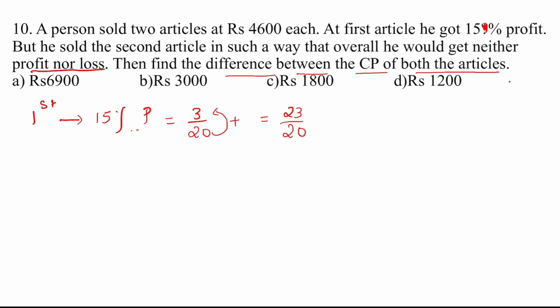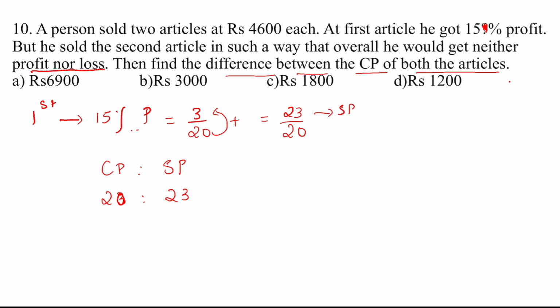But he sold the second article in such a way that he got overall neither profit nor loss. Now cost price to selling price, for the first article the ratio is 20 is to 23. This is CP, this is SP.